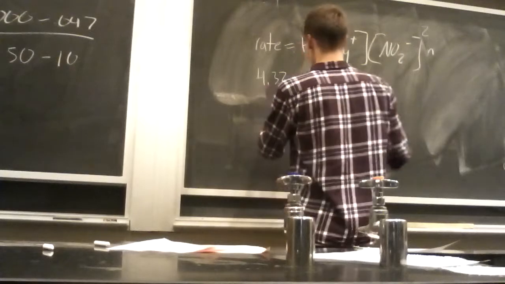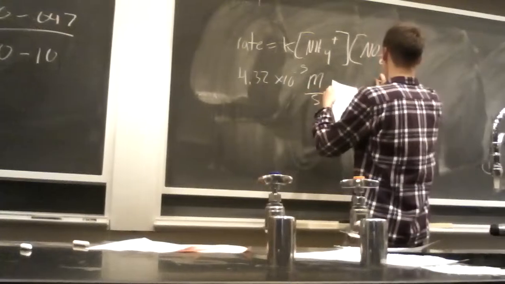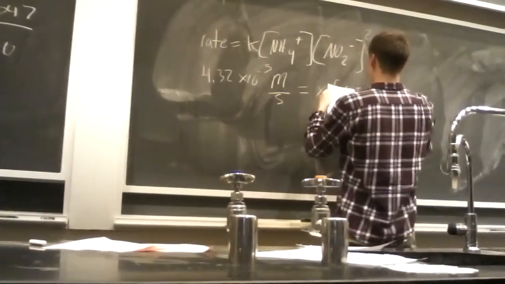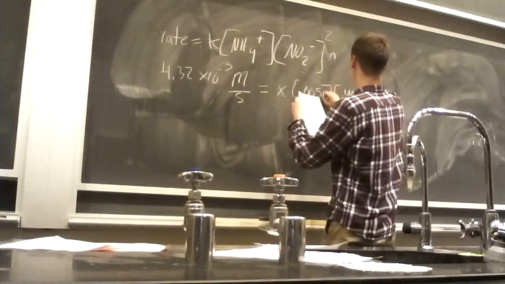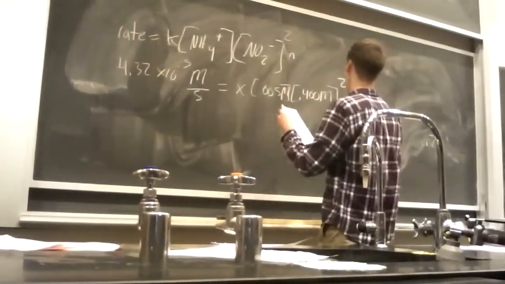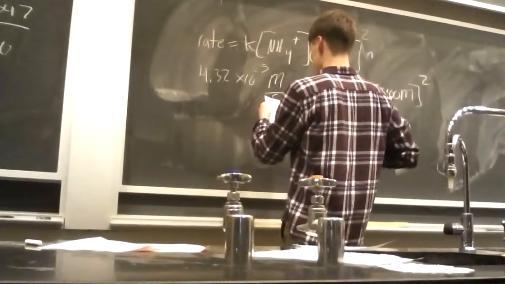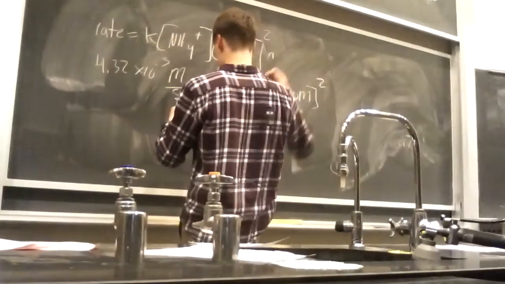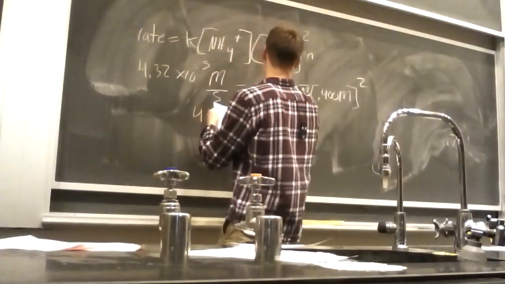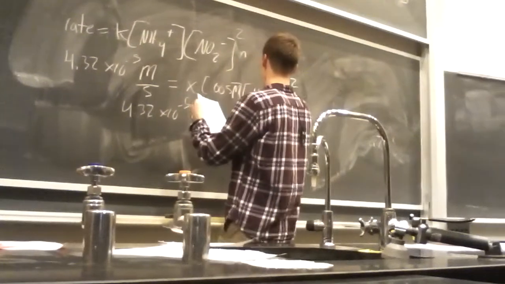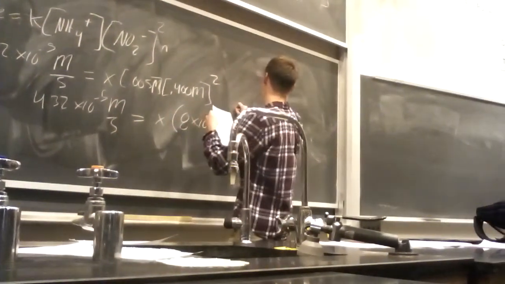I want you to pay close attention to the units here, just in case that was unclear to you. I'm going to call K X because I love math, and you always deal with X in math. So notice this one is squared, and so that simplifies to 4.32 times 10 to the negative 5th molarity per second is equal to X times 8 times 10 to the negative 4 M cubed.